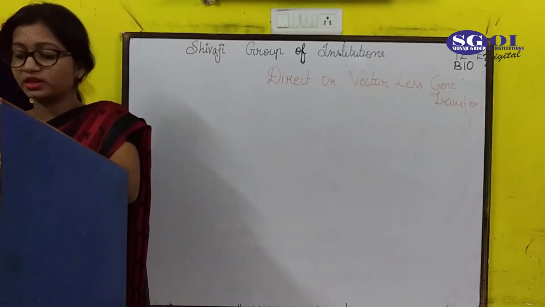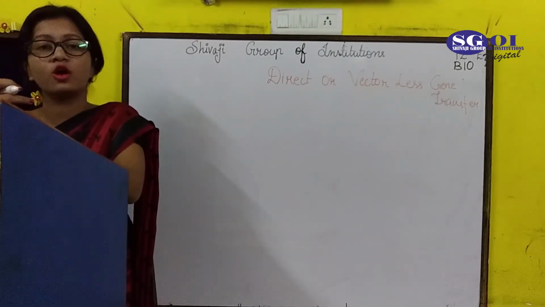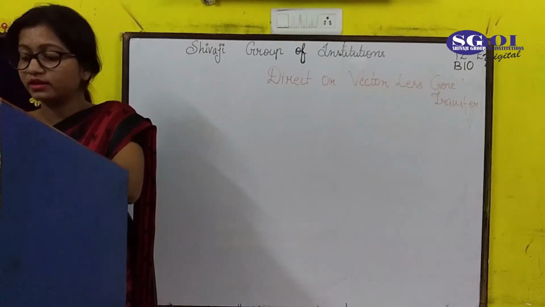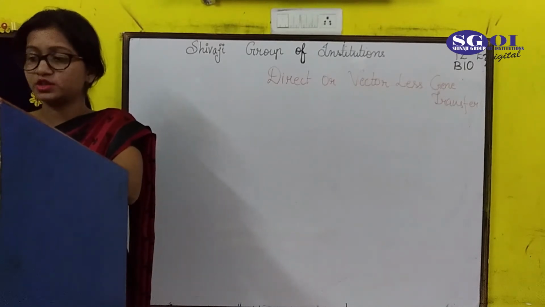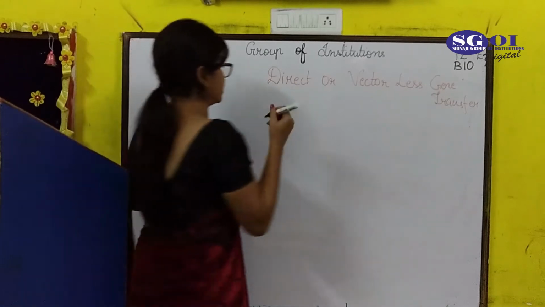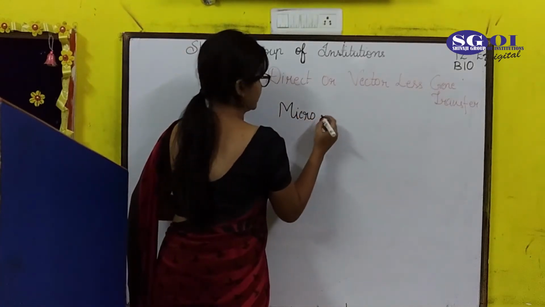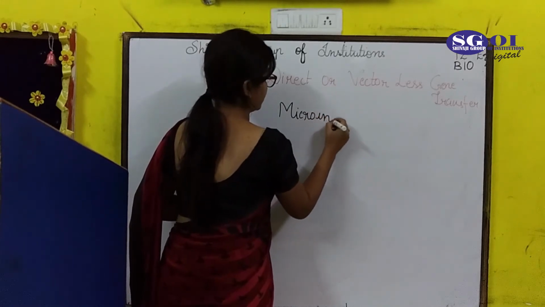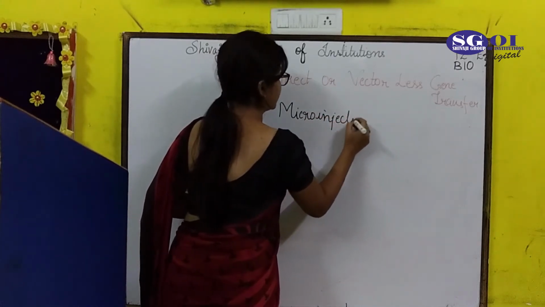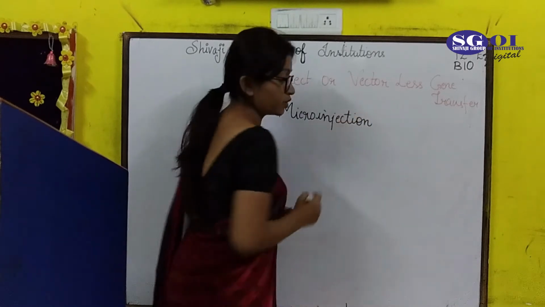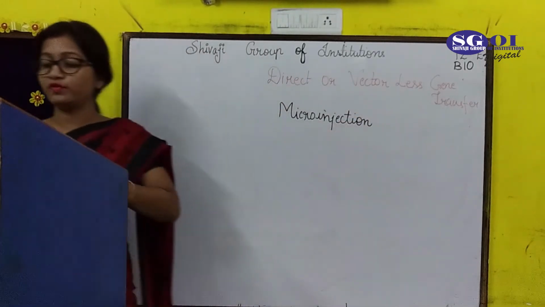So alternative methods have been used to introduce the recombinant DNA. The first alternative method, or the first vectorless gene transfer, is microinjection. As the name indicates, this process is done with the help of an injection.